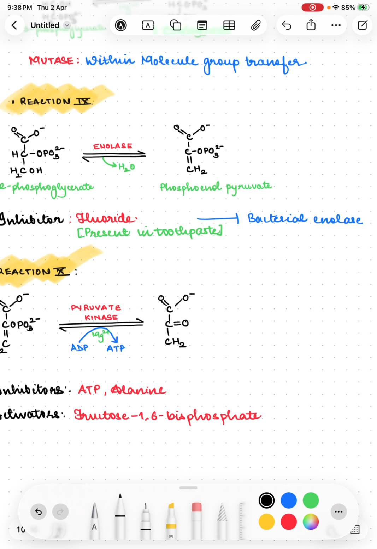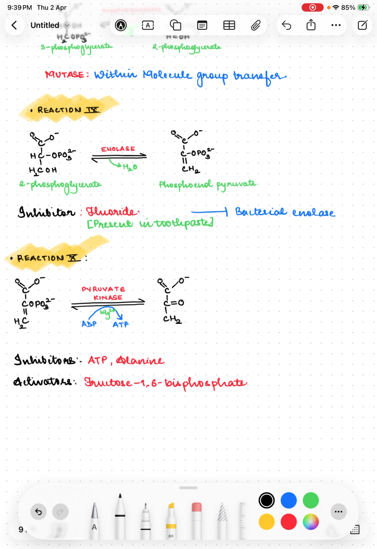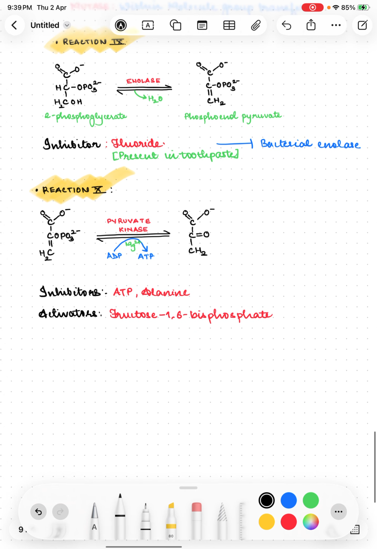This fluoride is usually present in toothpaste. Now, if fluoride inhibits enolase, it will ultimately prevent glycolysis in bacteria. Okay, so this is the inhibitor.